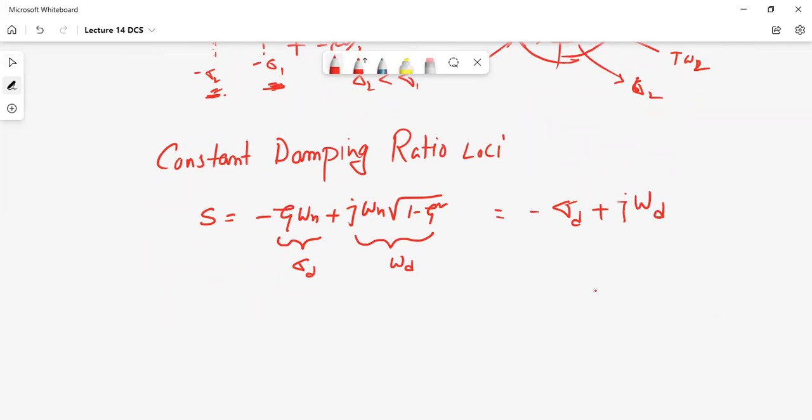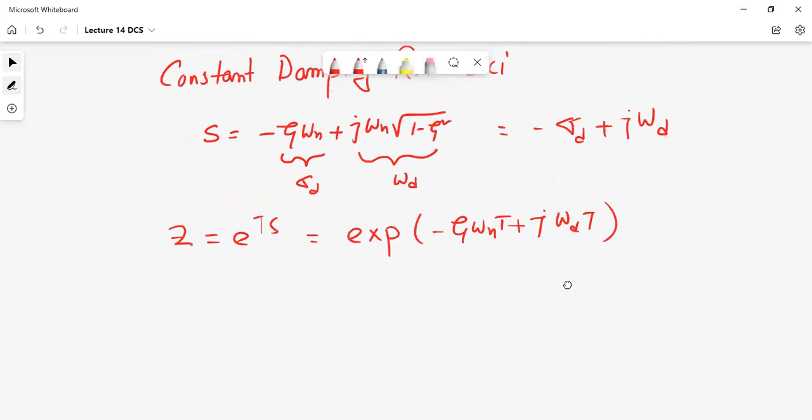We can write z equals e to the power Ts. If we replace these two values there, we get the exponential of minus zeta omega n plus j omega d, and you can also put the T inside. Now, how can we simplify a bit?